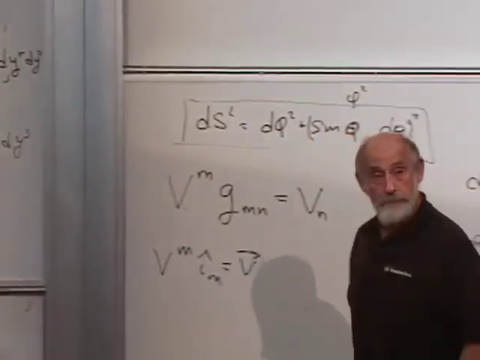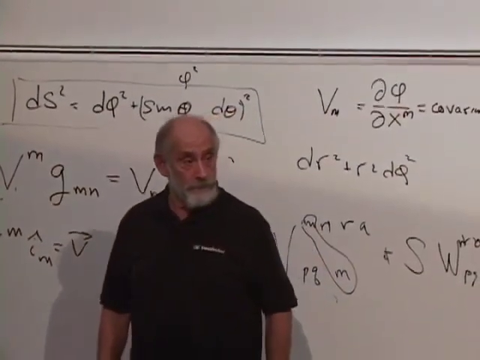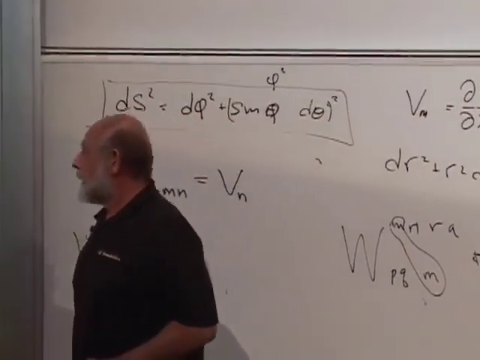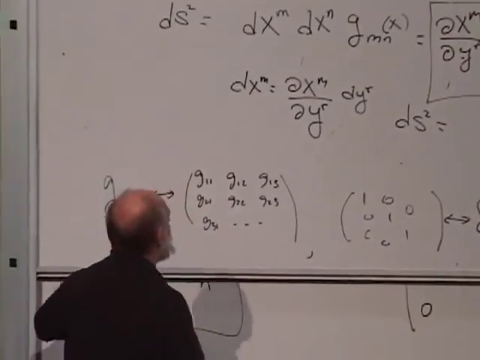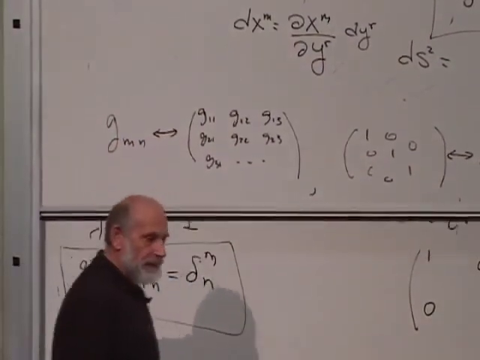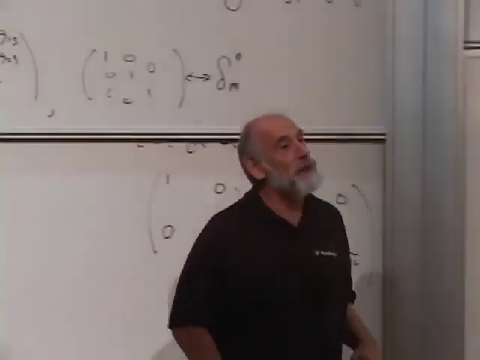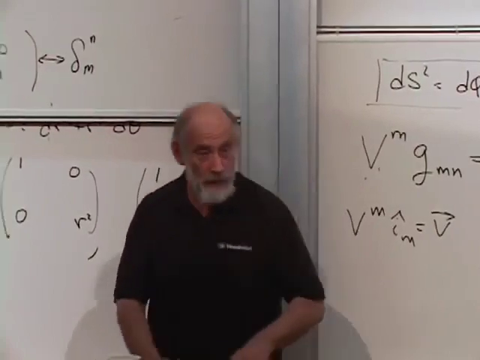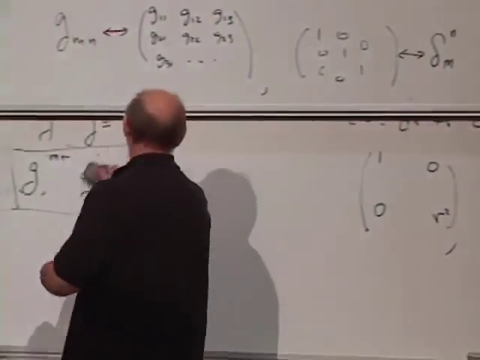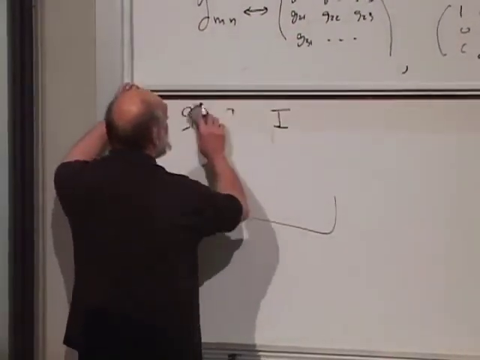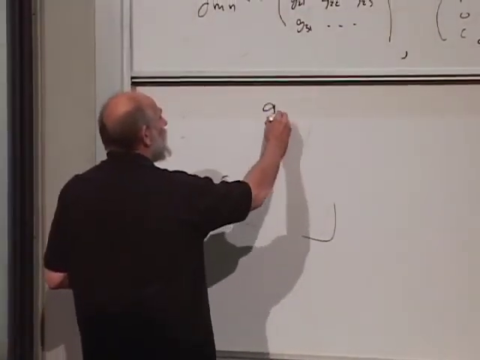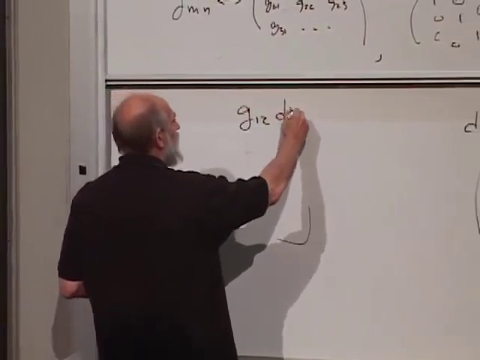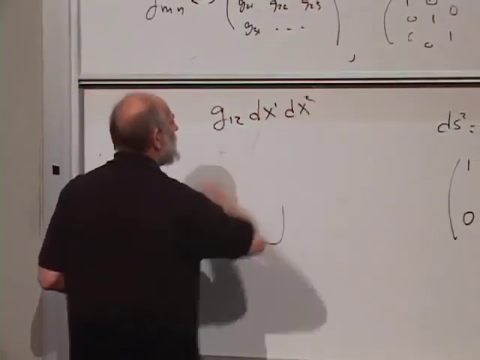You said that G was symmetric. Is that clear from what we did? Good question. All right, so let's see what it would mean for them to not be symmetric, and then see why. The answer is it doesn't matter whether you choose them to be symmetric or not, but let's see why. What does G12 multiply? G12 multiplies dx1 dx2, right?